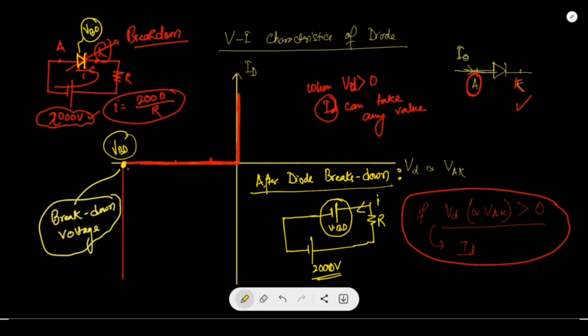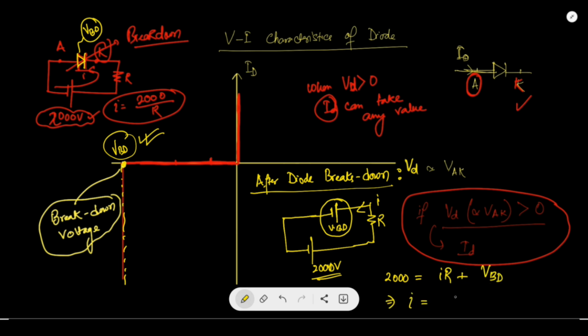So the current can be anything depending on the value of the resistance, but the voltage across the diode will be constant at VBD, that is the breakdown voltage. So basically what will be the value of the current, you can apply KVL and you can find out. If you apply KVL, it will be 2000 is equal to IR plus VBD.